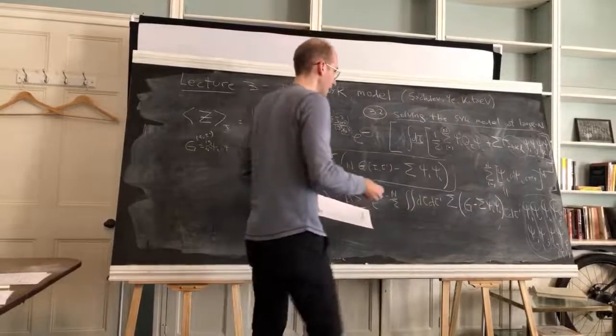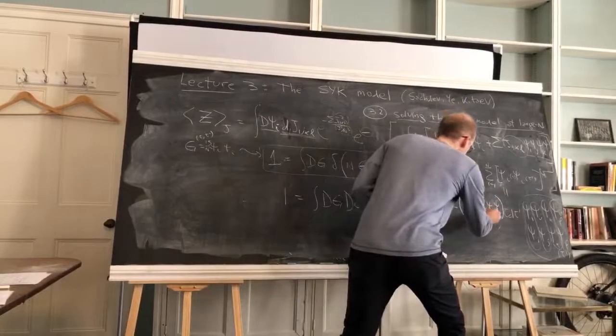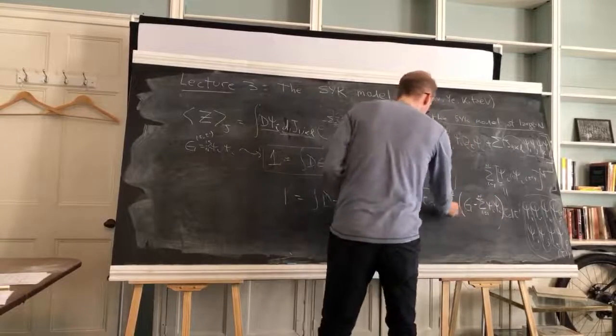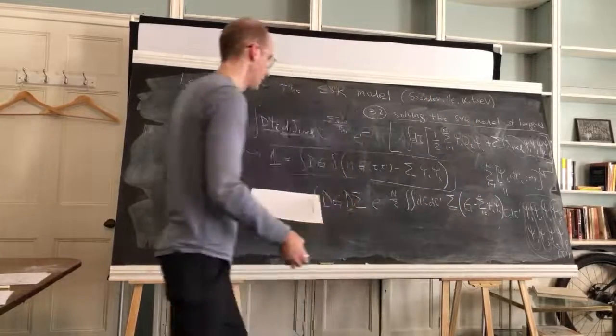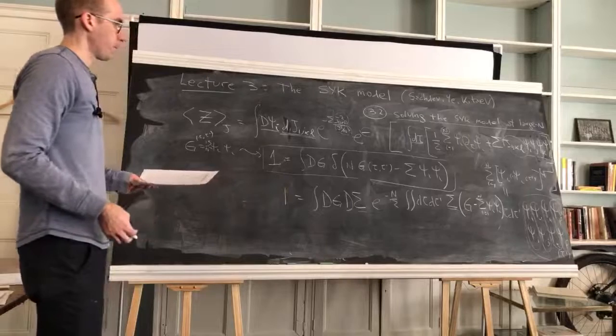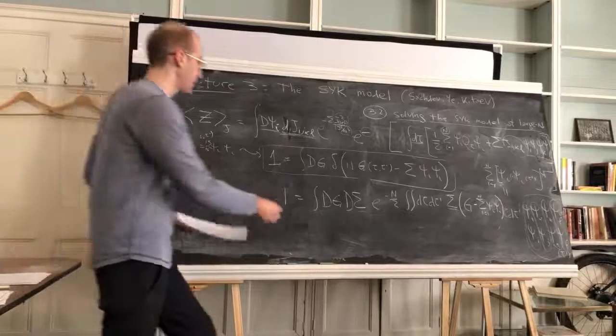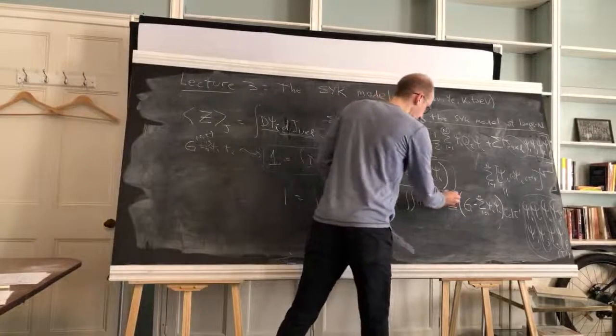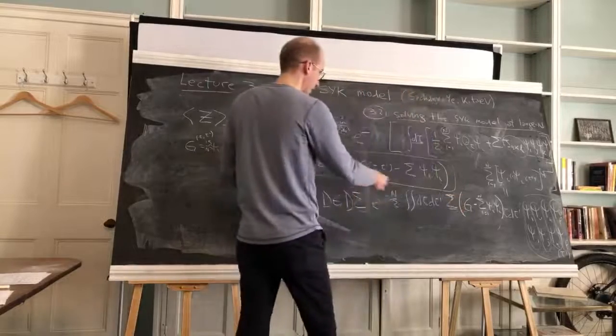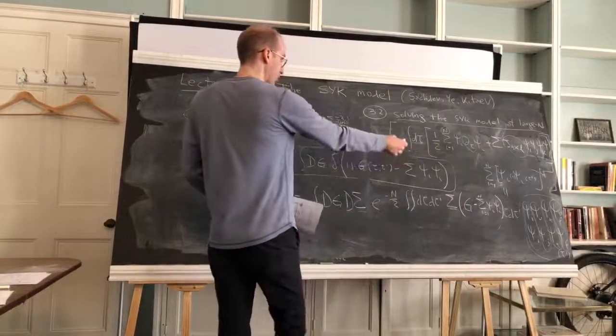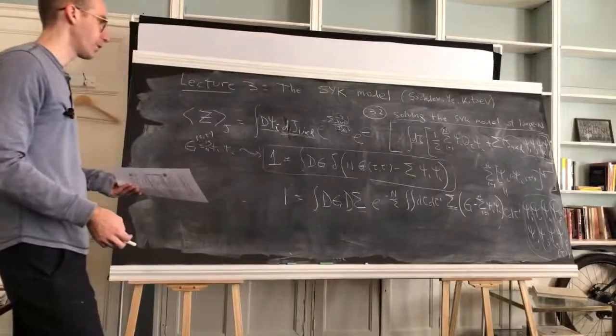And you need to be a little bit careful because these are sums, and this is my new field sigma. You see that sigma just enters as a Lagrange multiplier that if you integrate it out, it imposes that G has to be our 2-point function.